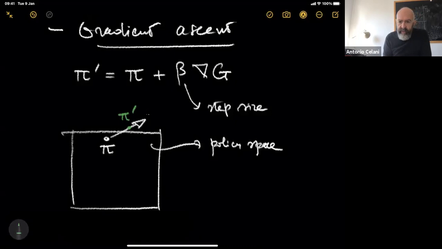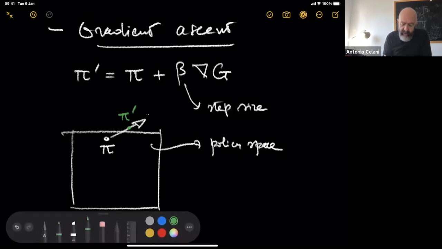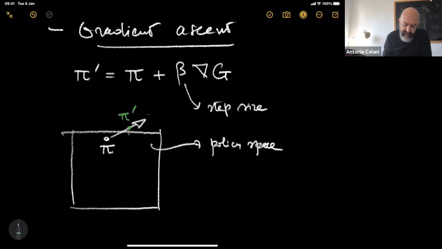So what should I do in this case? Well, what all these kinds of algorithms do is to prescribe some way to remap the point again inside the domain or on the boundary of it.